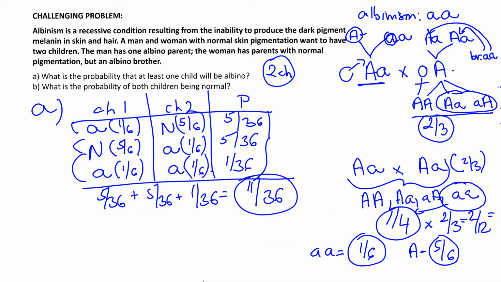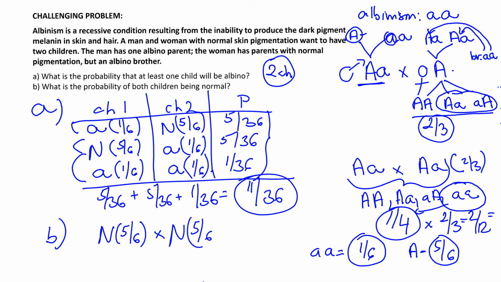Now, question B asks, what is the probability of both children being normal? So, how do you translate it into a probability question? What is the probability that the first child will be normal and the second child will be normal? There is only one way it can happen. So the probability of having a normal child is 5/6, and you have to multiply it, of course, by the probability of having the second child also normal.